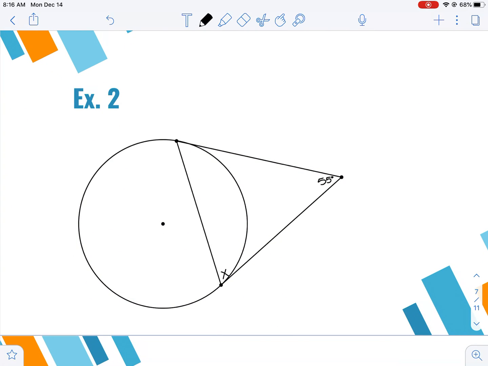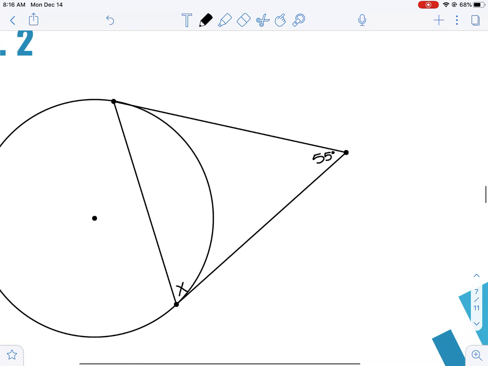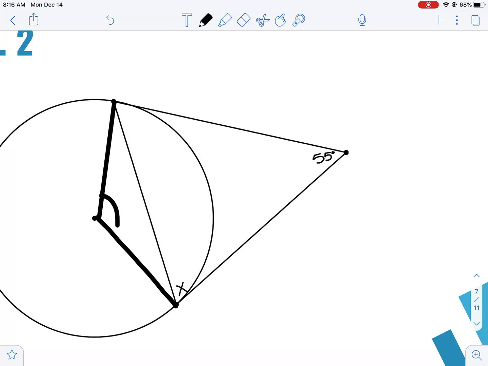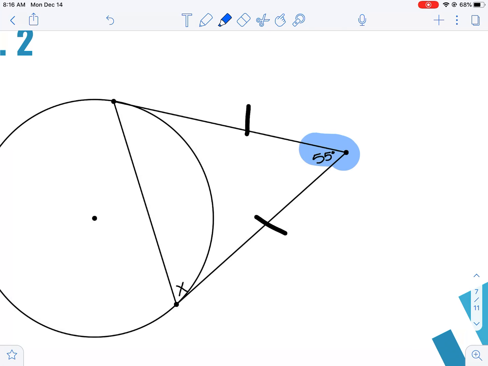Over here, I don't have a radius, and sometimes kids are tempted to say, oh, let's just draw them in. And you could do that, but we still don't know what this is, and we don't know what this part is. So that's not as helpful as it might seem initially. What I do know is that these two tangent segments will be congruent. So I have an isosceles triangle right here.